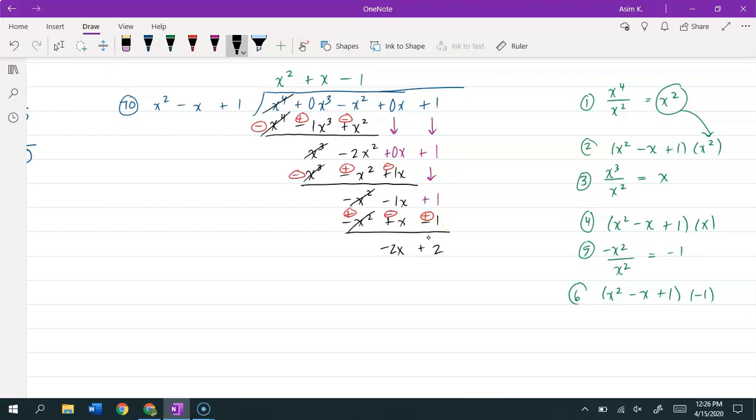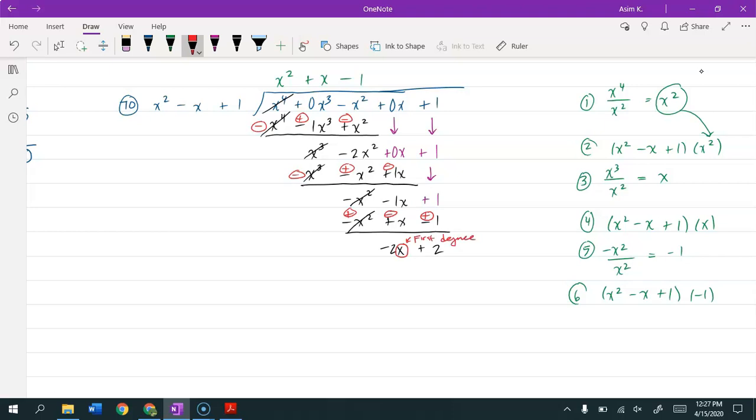Now, if you're wondering, can we continue on with this exercise? Can we take the negative 2x and divide it by the x squared? The answer to that question is no. So how do you know when to stop? Notice that the degree on the x is a first degree.